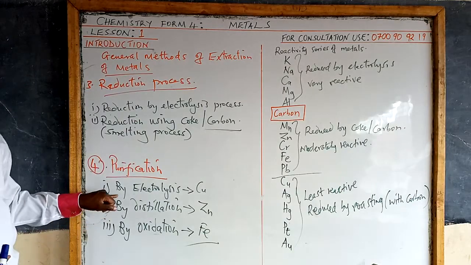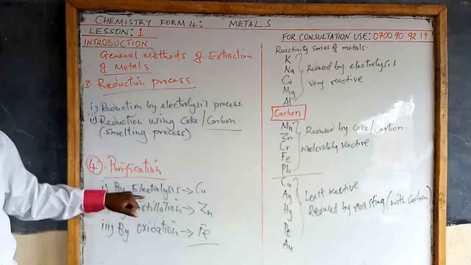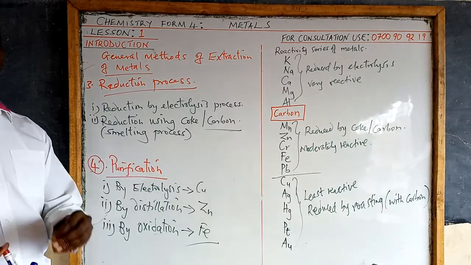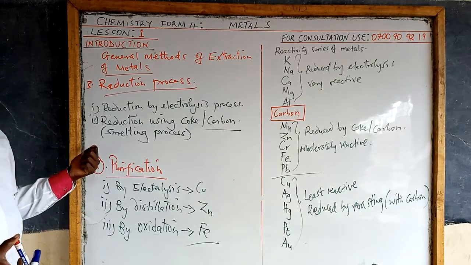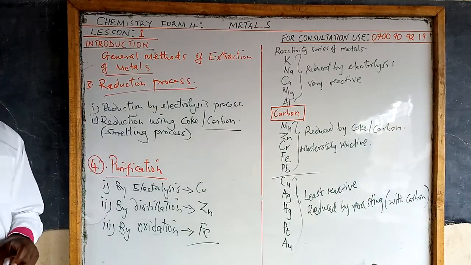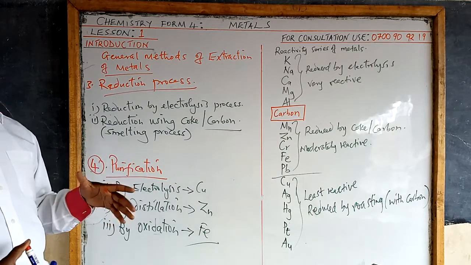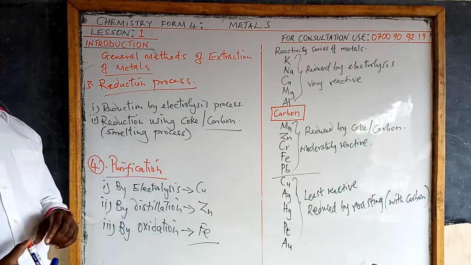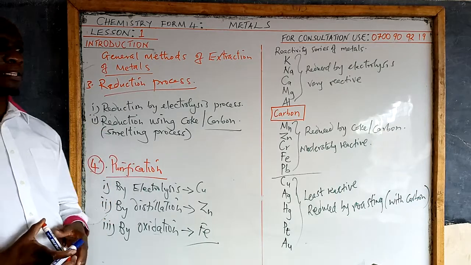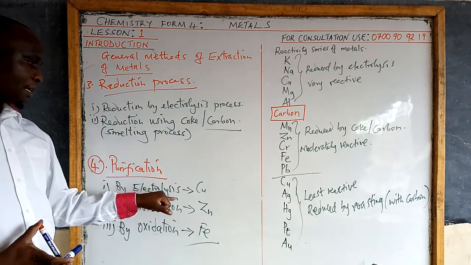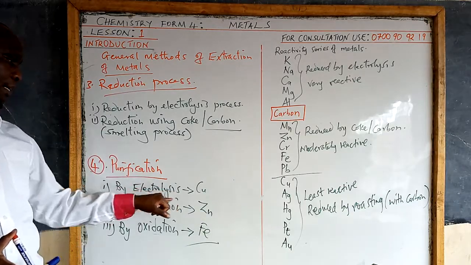The electrolysis I have explained in detail under application of electrolysis in lesson number 12, for those who are following the topic that I did on electrochemistry. I elaborated practically showing how electrolysis is done.